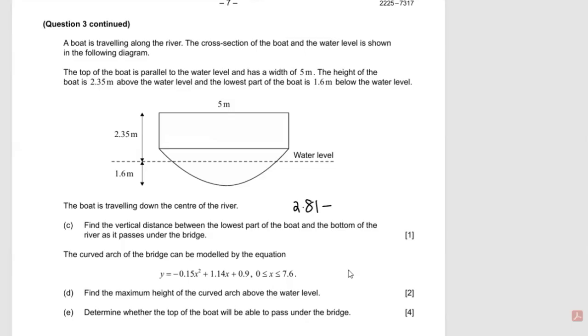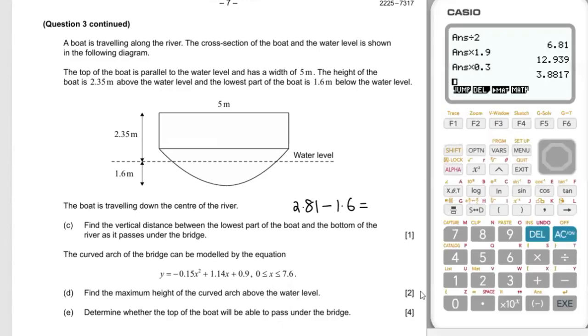We know that the lowest part of the boat is 1.6 below the water level. So you can just subtract it and let's see what we get. 2.81 subtract 1.6. There we go. That's 1.9.